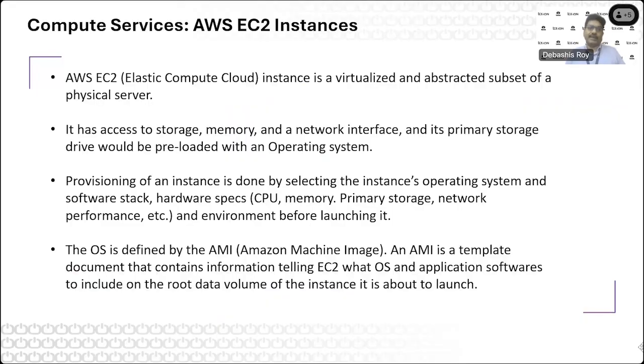The Elastic Compute Cloud allows you to select the compute engines, for example, your virtual machine. It allows you to select the hardware you want for your machine, say the RAM size and the storage capacity, your hard disk storage, what we normally call EBS, Elastic Block Store.